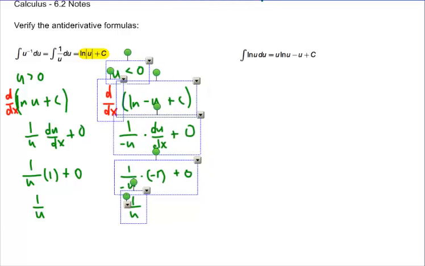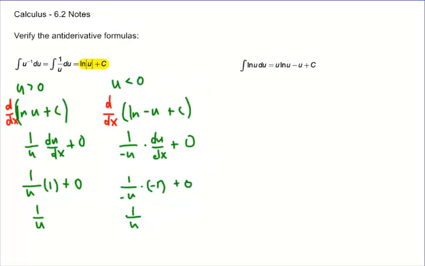So on the next example, we're again going to start with what our integral equals, and we'll see if we can take the derivative of that and get back to the original problem inside the integral. One thing to be aware of as you get started is there's a product rule going on right there, so that's something to pay attention to. And when I do my math, I got d dx.